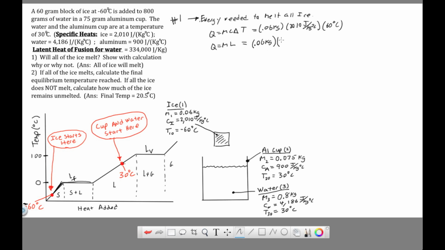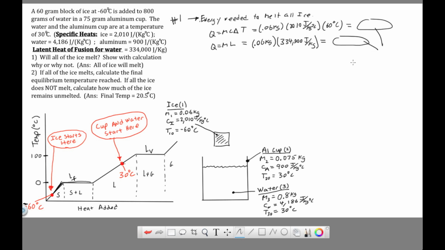It's 334,000 joules per kilogram. All right, so you take the answer to this, which I actually don't have here, but what I do know is that you add these two together, so you can punch those into your calculator.